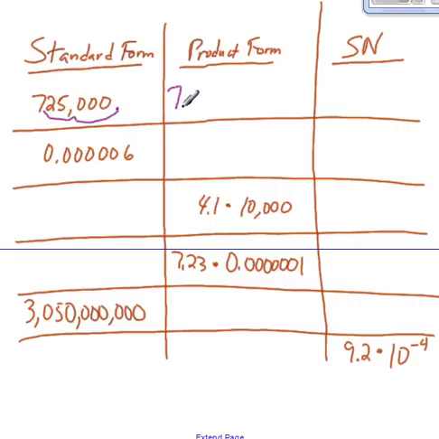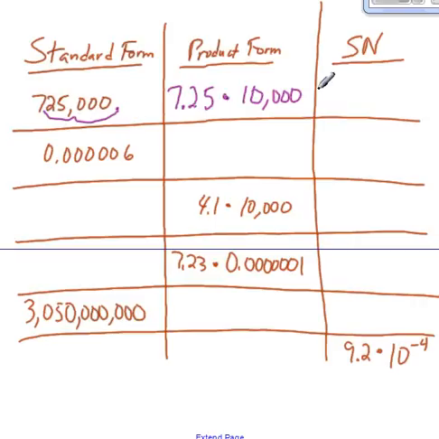So I'm going to make this 7.25. And remember that these numbers are equal. And I'm going to say times the number of decimal places so that this still equates, which would be times 10,000. If I multiplied 7.25 times 10,000, that would move the decimal place back to where it started, those 5 places.